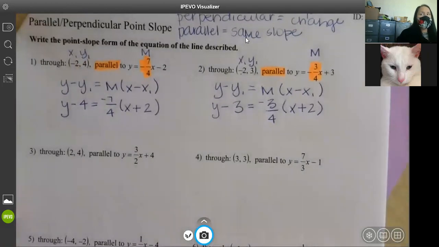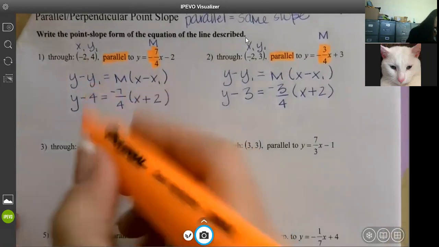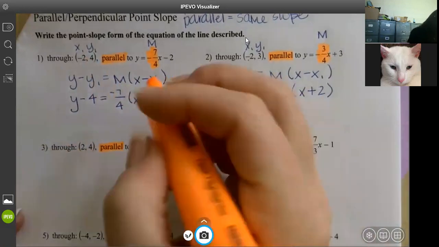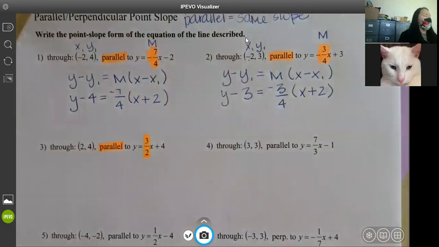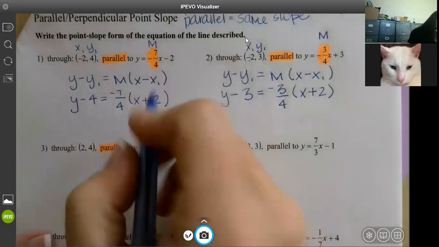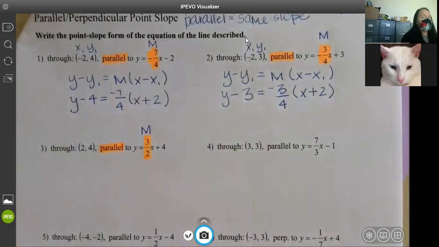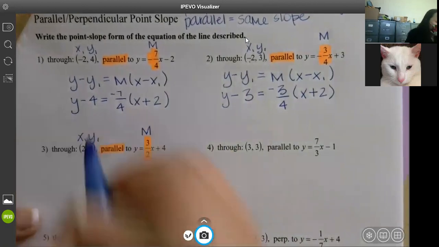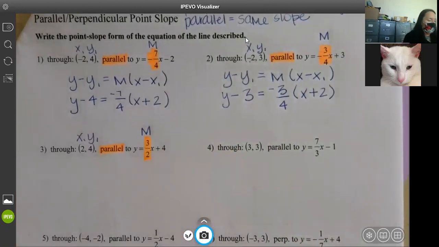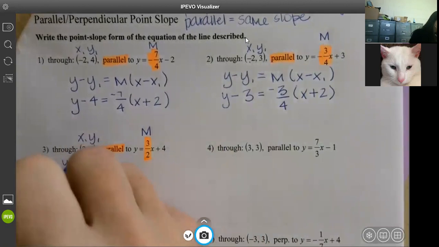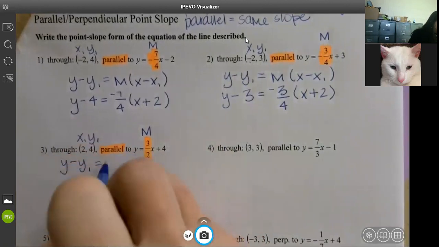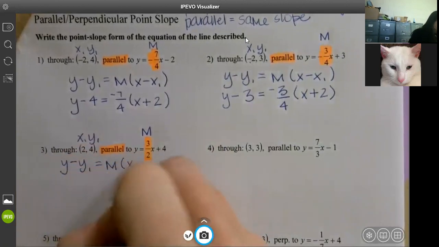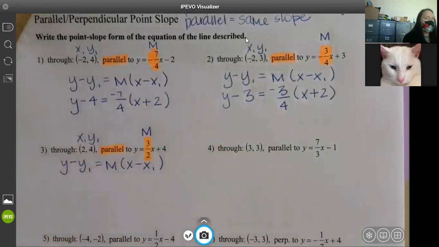Look at the next one. It says parallel, which means the same slope. So we're going to use that for m. Here's your x1, y1. We're going to plug it into y minus y1 equals m times x minus x1.